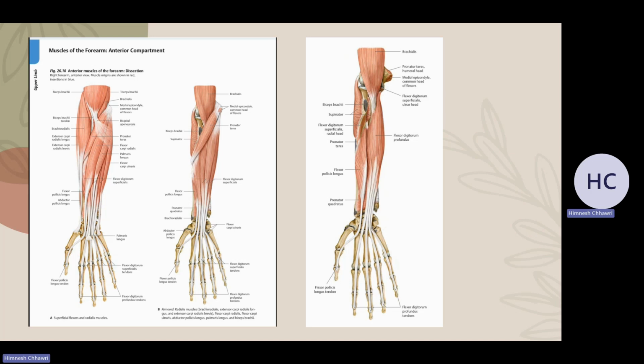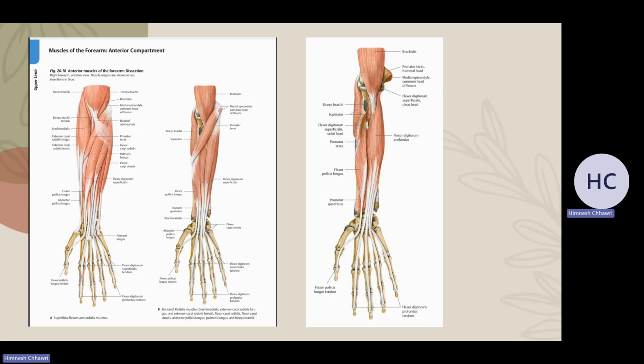Now let's talk about the innervation. Innervation, anterior compartment. You can make a general statement about the anterior compartment and say that the anterior compartment muscles are innervated by the median nerve, but there are two exceptions. First, we have the flexor carpi ulnaris, which is innervated by the ulnar nerve. Ulnaris, ulnar, easy. Because it has ulnaris in its name, it is innervated by the ulnar nerve.